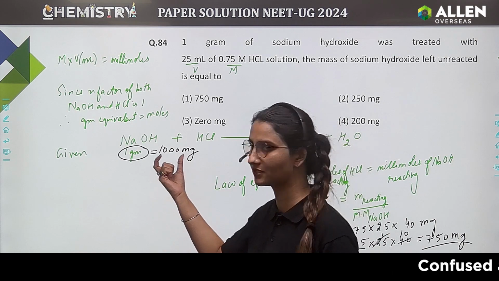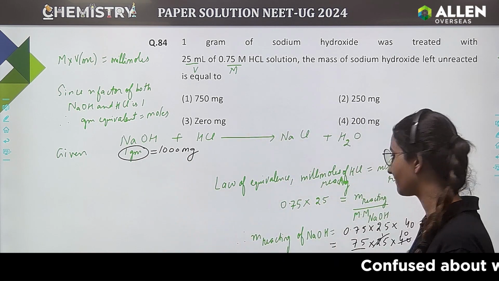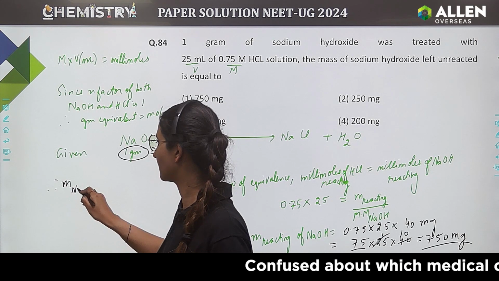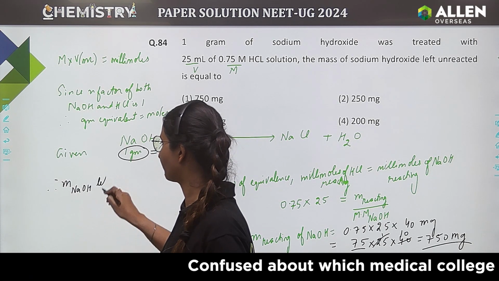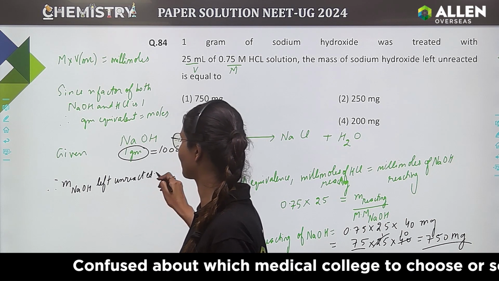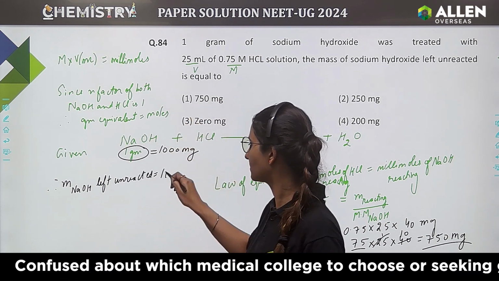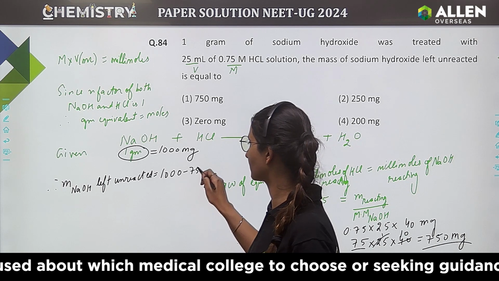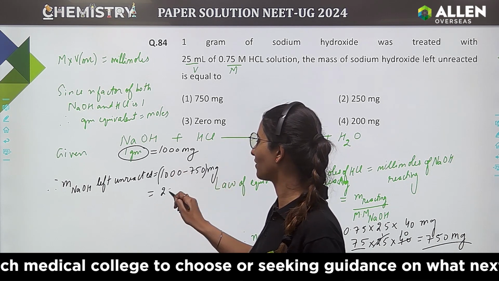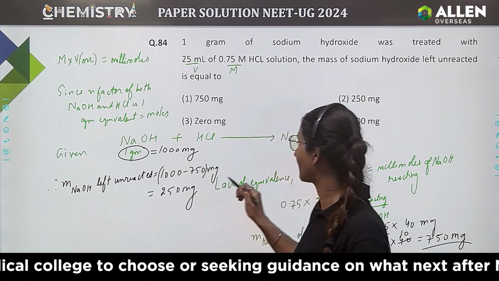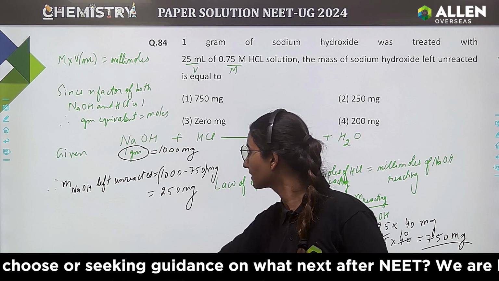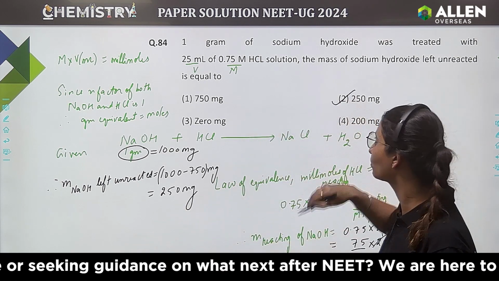Given is 1000 milligram. Reacting is 750 milligram. Therefore, mass of NaOH left unreacted would be given mass 1000 minus amount reacting in milligram. So students, it is your 250 milligram. Oh, it is option number 2.